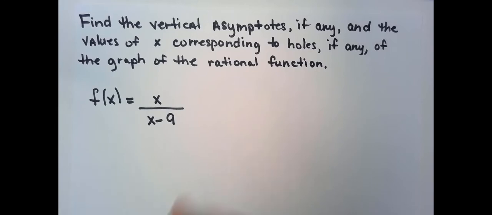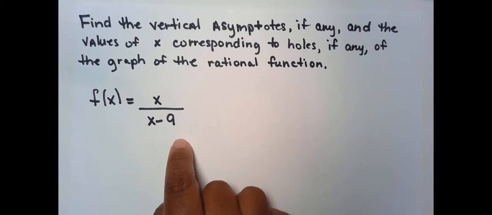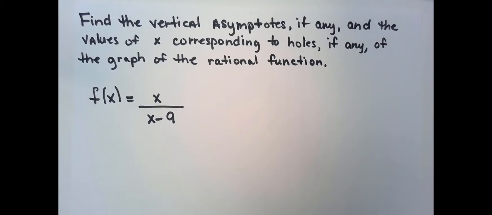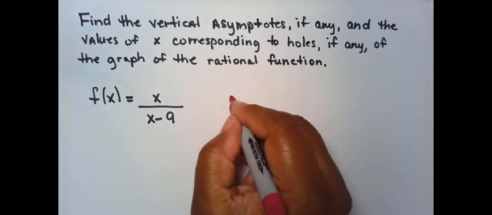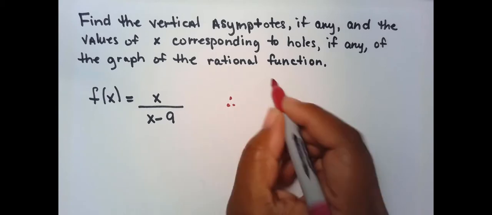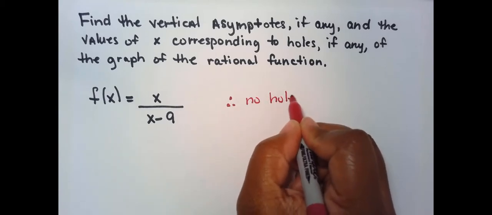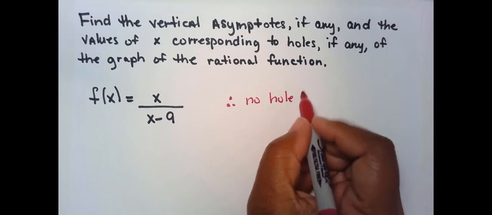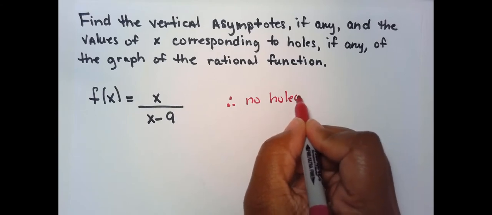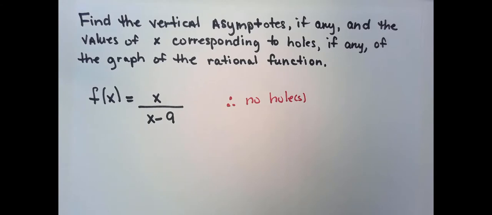If we cannot factor the numerator and denominator, as in this question, f of x is equal to x over x minus 9, which cannot be factored, then there are no holes, and we're going to do an example of one later.